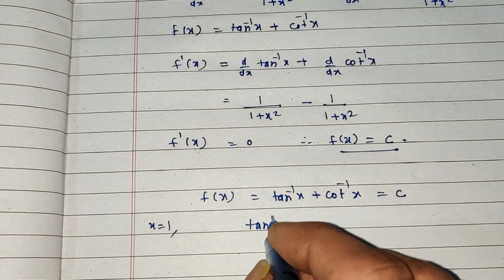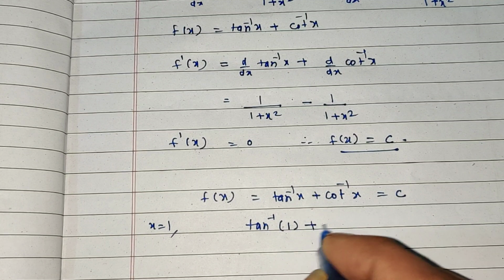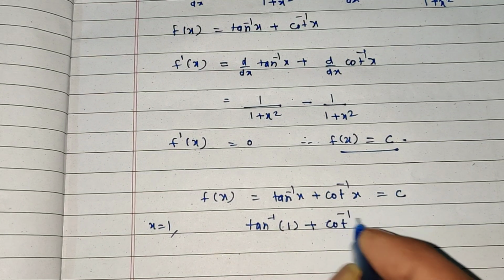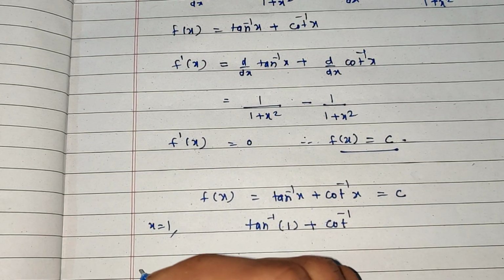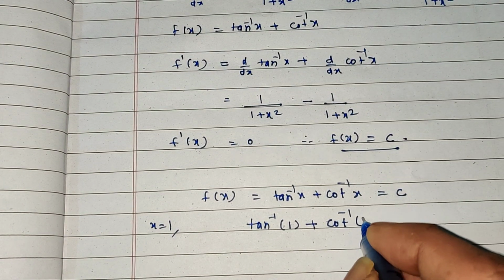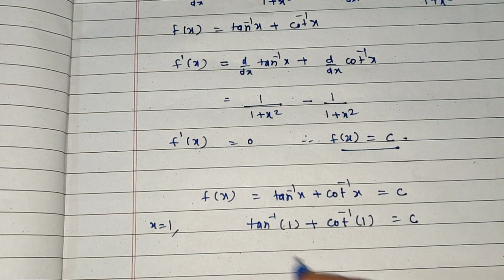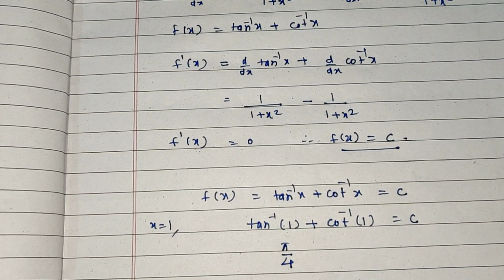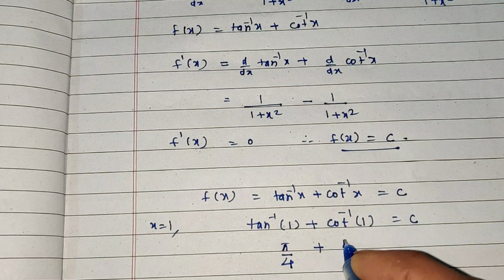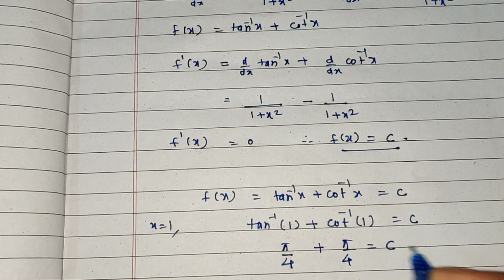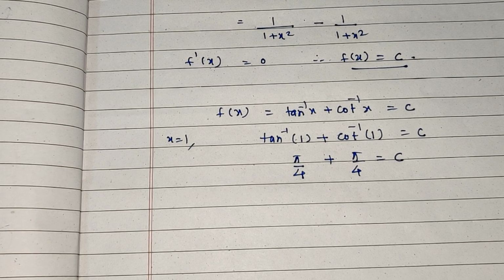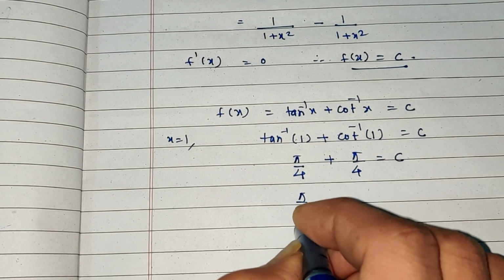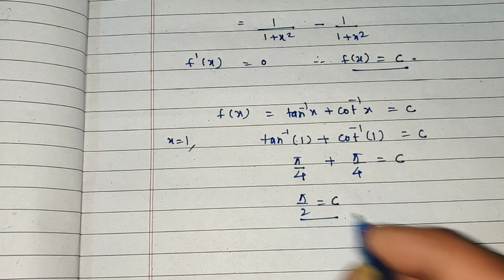So for any value of x, that is x is equal to 1, this is c. Tan inverse of 1 is pi by 4, since tan of pi by 4 is 1. Cot inverse 1 is pi by 4, which is c. Pi by 4 plus pi by 4, 2 times pi by 4, that is pi by 2. C is equal to pi by 2.